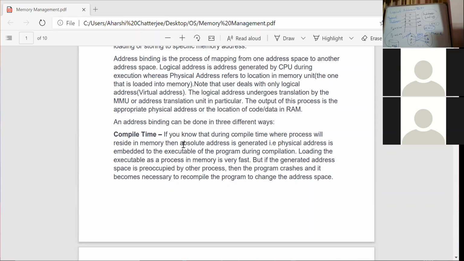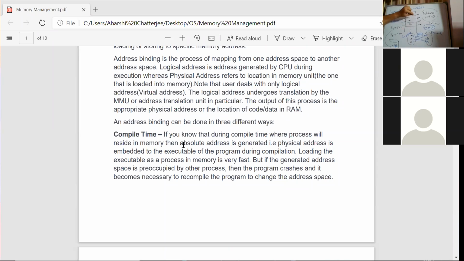So when you know that after compiling, I have to place that process into memory location 200, things become simpler and it will be very fast. I know that my process will be compiled and stored in memory location 200.